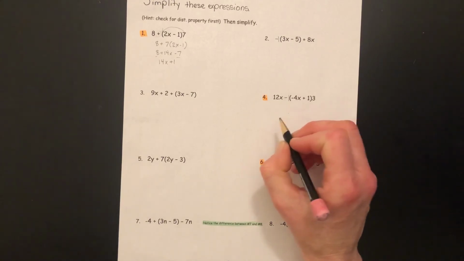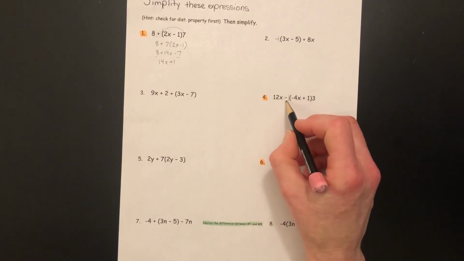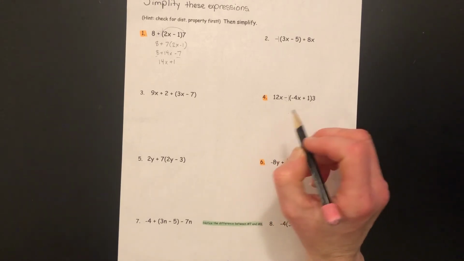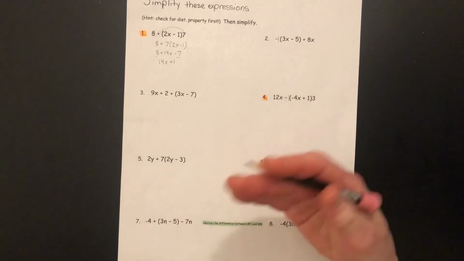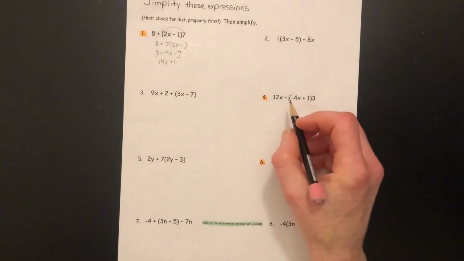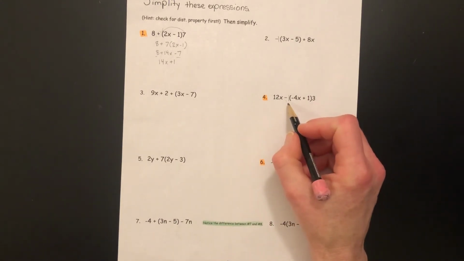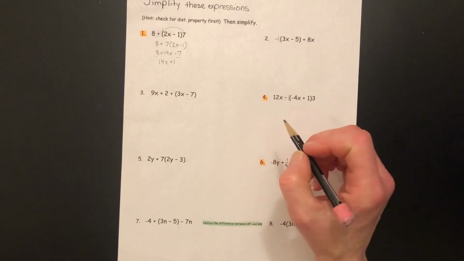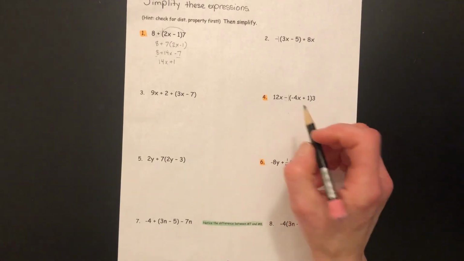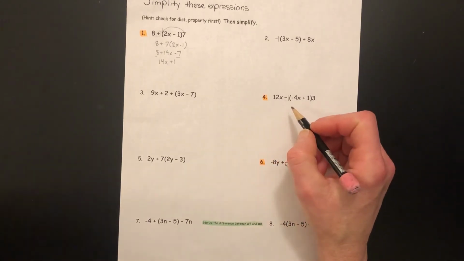You can get to a point where you don't have to do that. You just know that if you subtract, all the signs change. However, as you're learning how to do it and you're getting familiar with this, it's fine to put the -1 there. I think that would be a very helpful thing to do. In the long run, you'll understand it better and you'll work with it better. So don't be afraid to put the 1 there if you need.